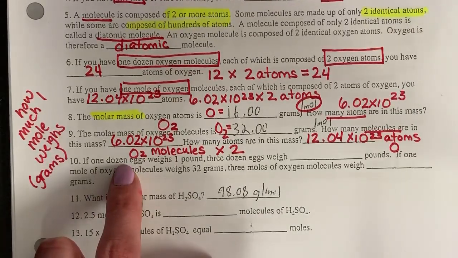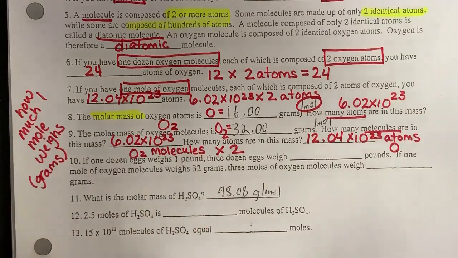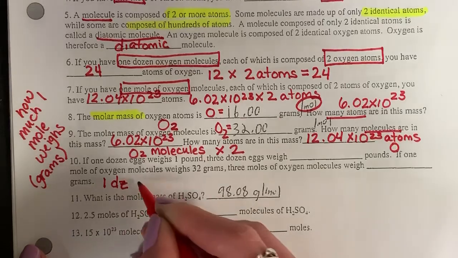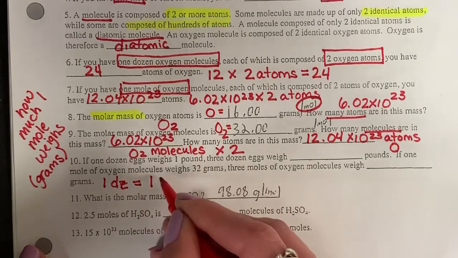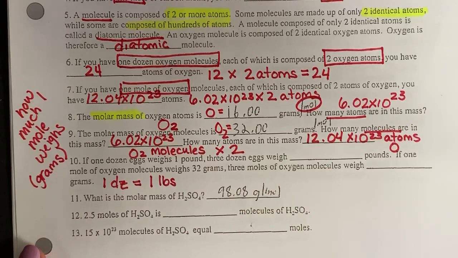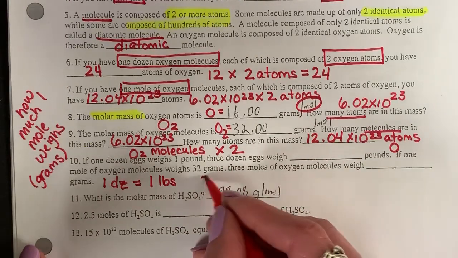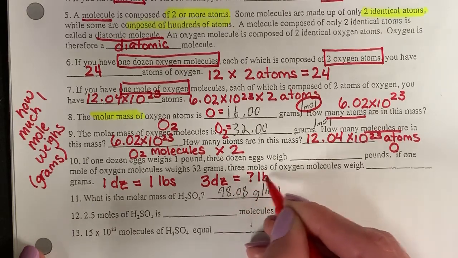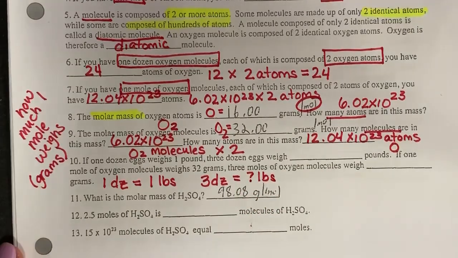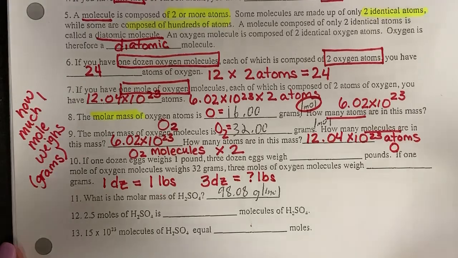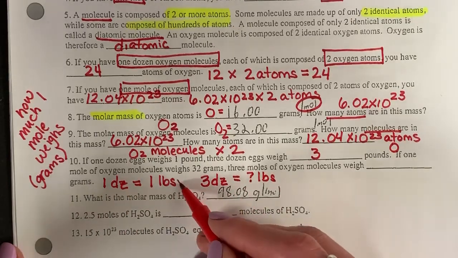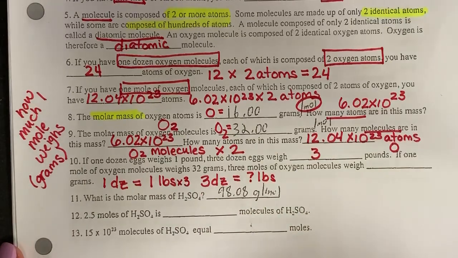Okay, so here's kind of how that works. 1 dozen eggs weighs 1 pound. So if I've got 1 dozen eggs, it weighs 1 pound. If I've got 3 dozen eggs, how many pounds would that weigh? Hopefully everybody said 3. 1 dozen is 1, 3 dozen is 3. I just multiplied that by 3.